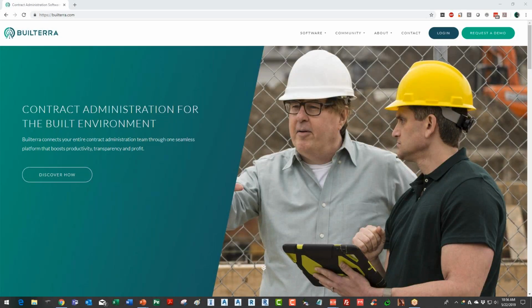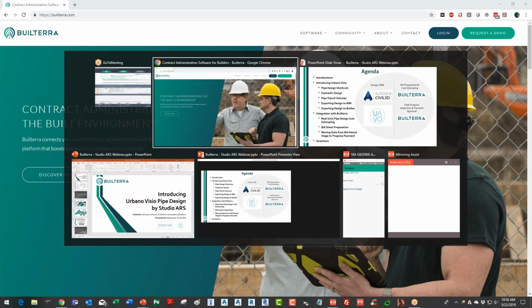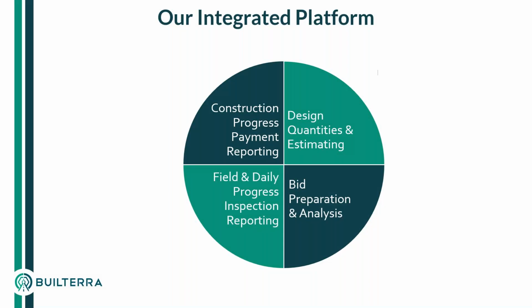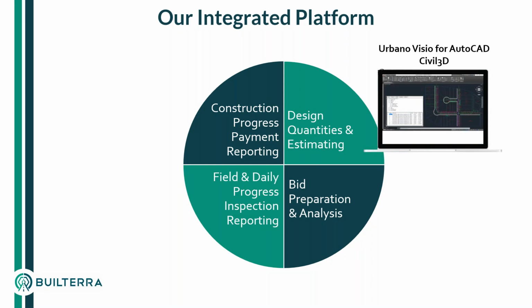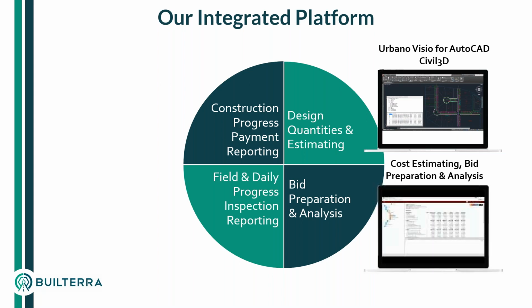Okay. We only have a few minutes left, so for those who are not familiar with Builterra, basically we're sort of what happens after you do all of this design, right? So when you do your design here in Civil 3D, the concept now is it goes into full contract administration, and that includes bid preparation and cost estimating, which I'll show you in 2 minutes here.